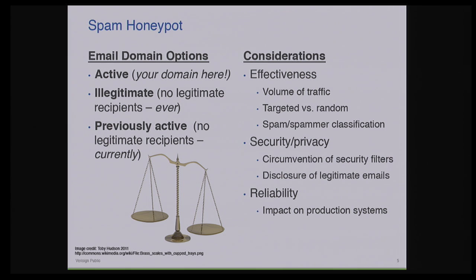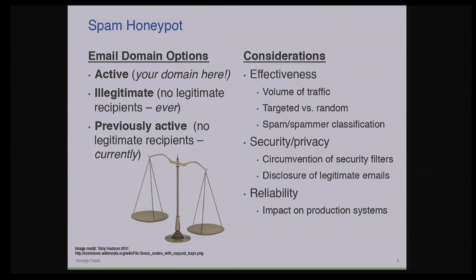Okay, the other one is illegitimate, so there have never been legitimate email recipients on the other side, and then previously active. You've registered a domain that used to be active. Okay, several considerations along this way.